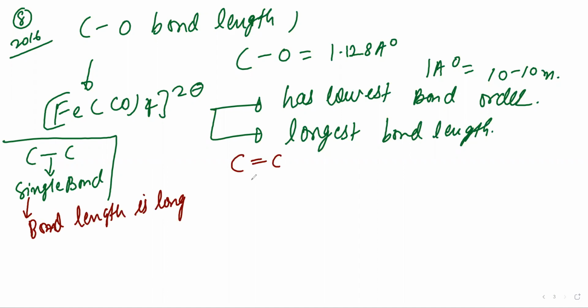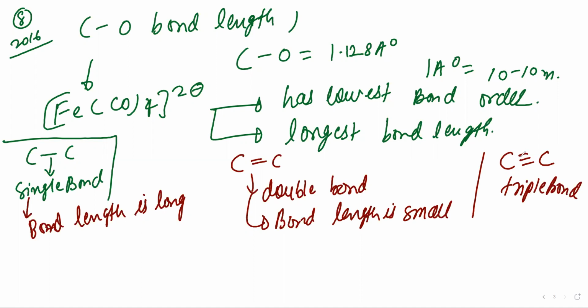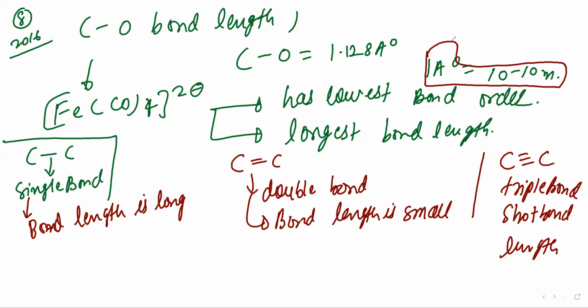When a double bond is there, the bond length is smaller. When a triple bond is there, the bond length is short, right? So it depends on how many bonds are associated with the central atom.